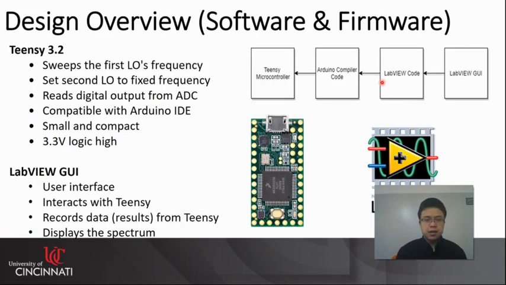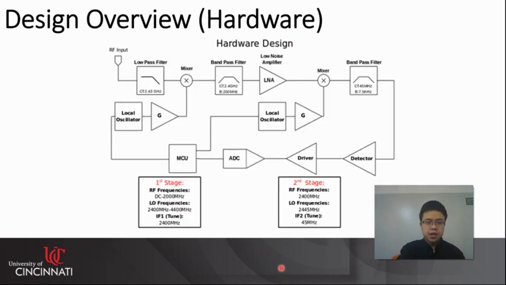Next one, software and firmware. First of all, I want to talk about the microcontroller. We decided to use the Teensy 3.2 as our main microcontroller. The purpose of this Teensy is to switch the first local oscillator through an array of frequencies, as I mentioned before, between 2.4 and 4.4 gigahertz, in order to measure the frequency components existing in this RF input.